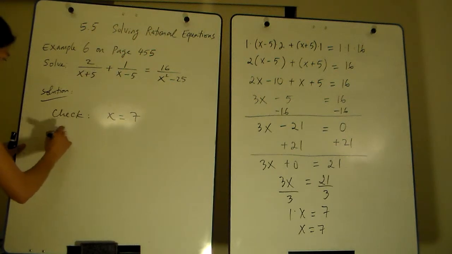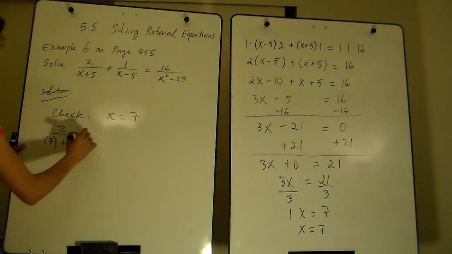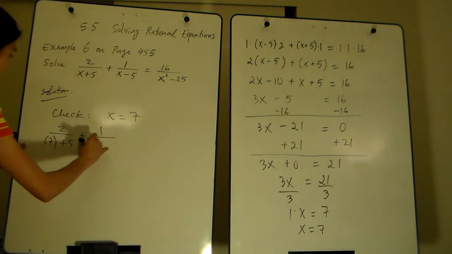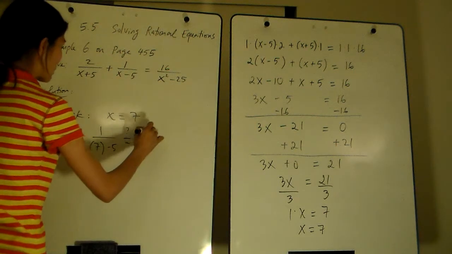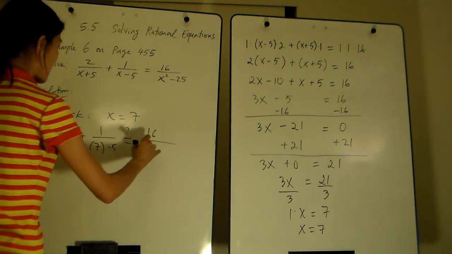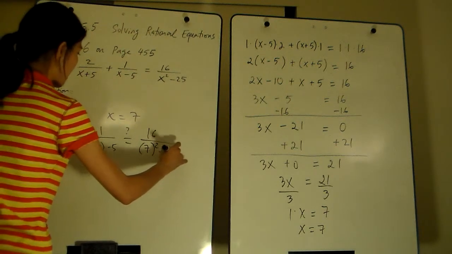So we have 2 over 7 plus 5, plus 1 divided by 7 minus 5, equal to 16 divided by 7 squared minus 25.